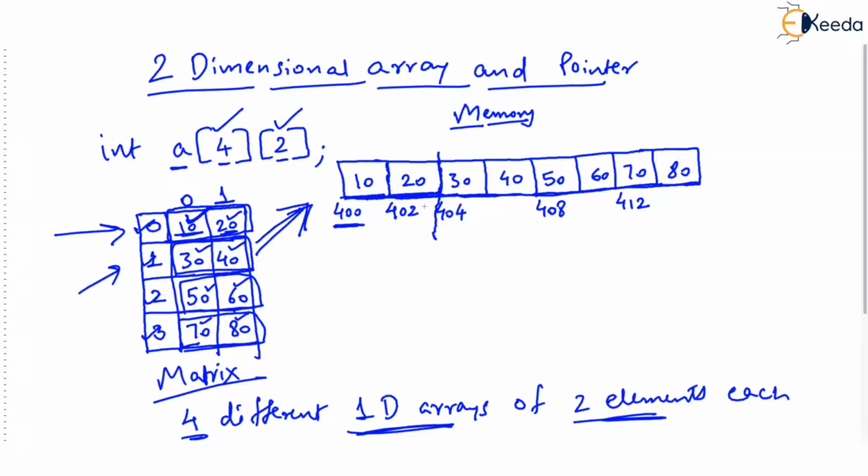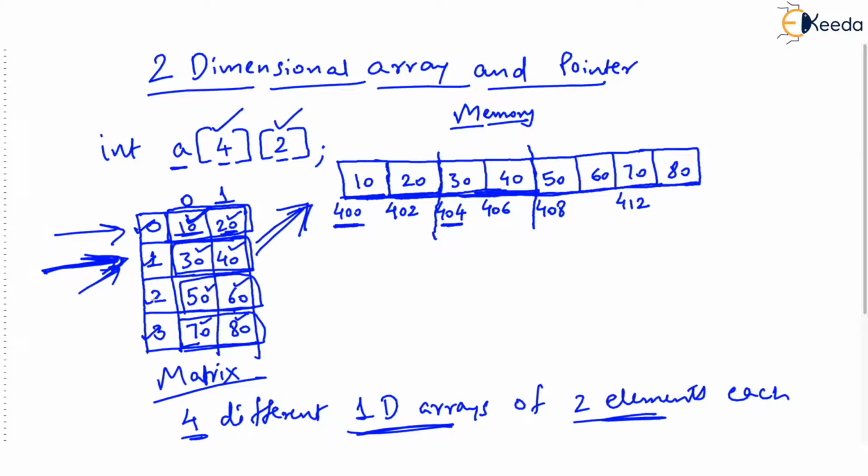Okay. Now what is then stored after that? At 404, the immediate location, the values of the next row have been stored. Values of the next row are 30, 40. So you can see that 404 and 405 will store 30, and 406 and 407 will store 40. Between 404 and 407, values of the first row have been stored.